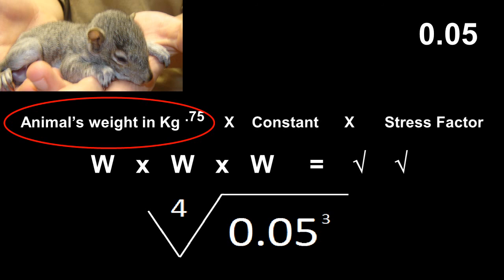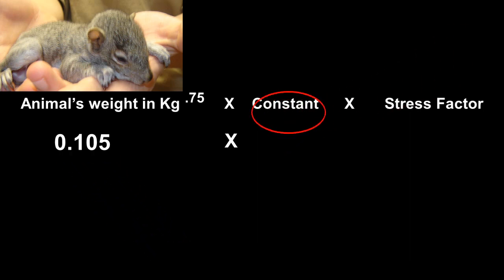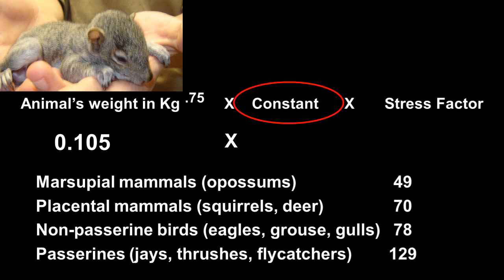Now back to our original calculation to find the daily caloric needs for this baby squirrel. So, the squirrel weighs 0.05 kilograms to the power of 0.75, which is 0.105. Now we multiply this by the species constant. These are standardized into groups depending on the animal's metabolism.